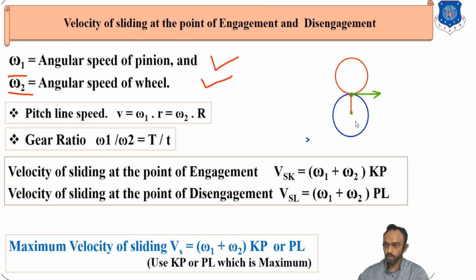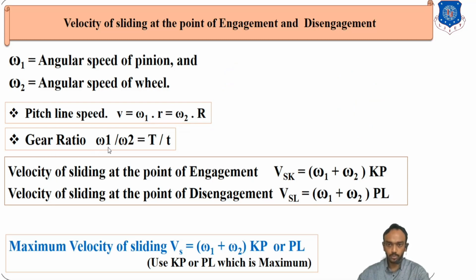According to gear 1, the velocity will be omega 1 into small r, but if I consider gear 2, the velocity will be omega 2 into capital R. This point is the normal common point between the two gears, so according to either gear we can find the velocity as omega 1 into small r or omega 2 into capital R.